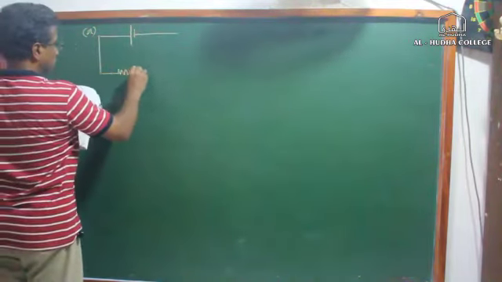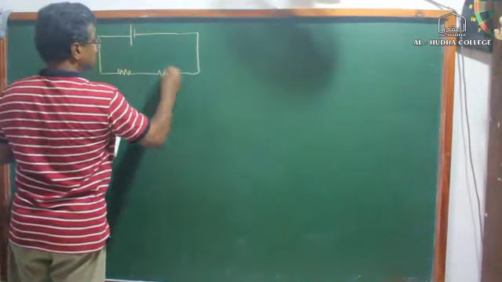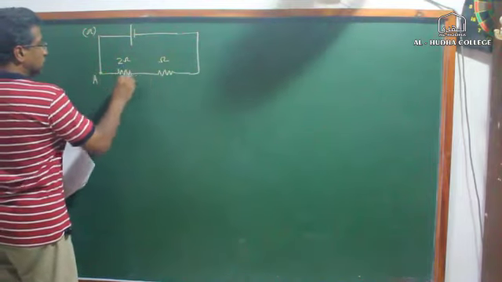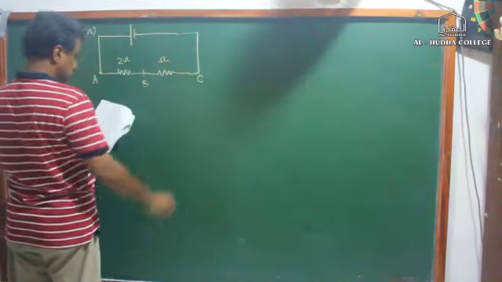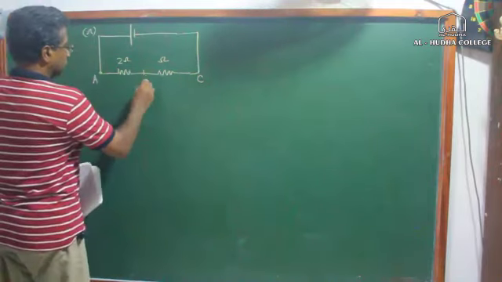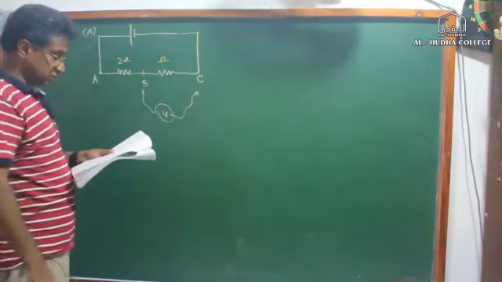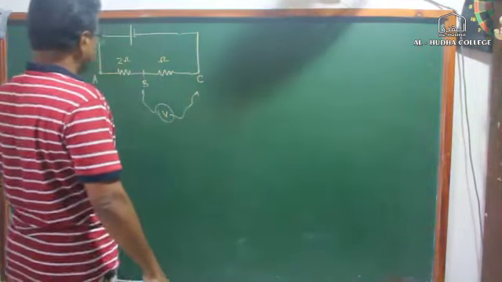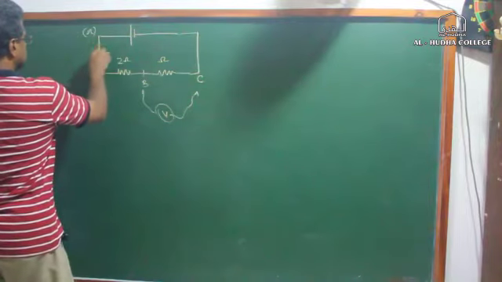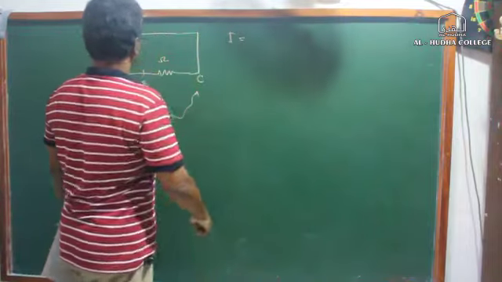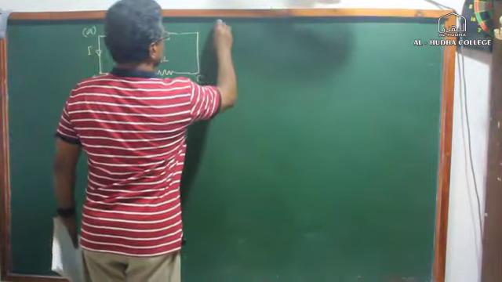So case A: here the resistances are 2 ohm, 2 ohm, A, B, C, and we connect the voltmeter between B and C. That is where we have to measure the voltage. So we will calculate the estimated current I, before connecting.